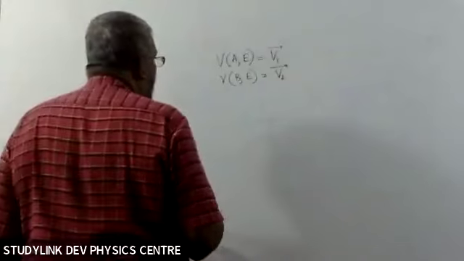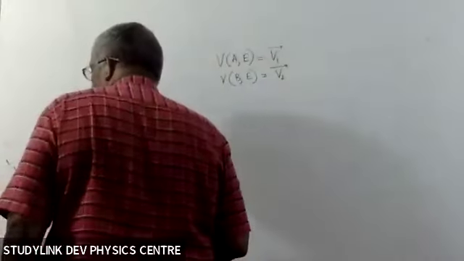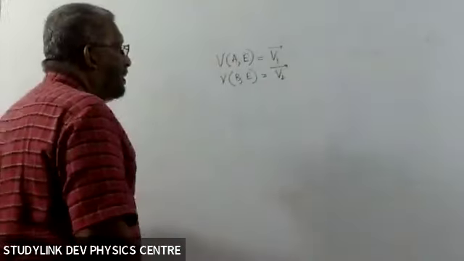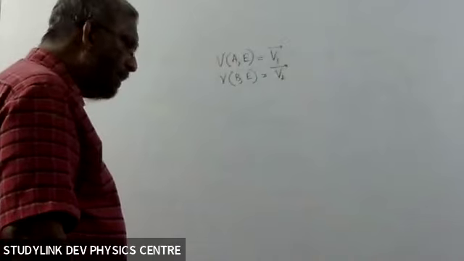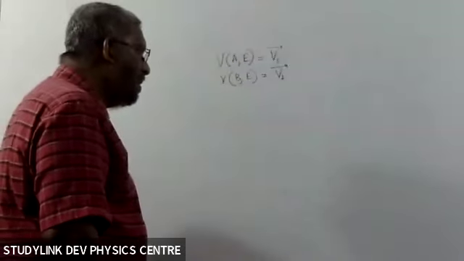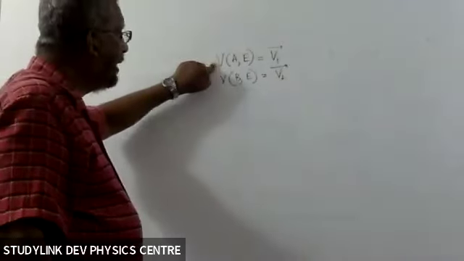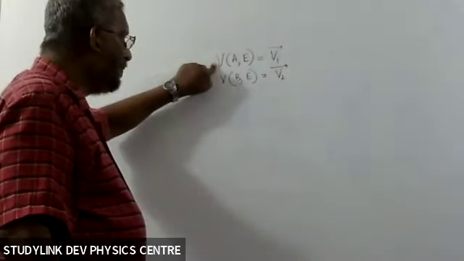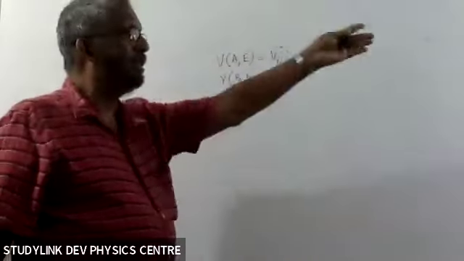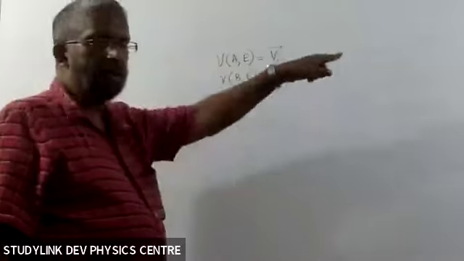A and B are two objects moving on the Earth, that means they move relative to the Earth. Velocity is concerned, then write V AE. Velocity of A relative to the Earth is V1 towards this direction. Velocity of B relative to the Earth is V2 in the same direction.